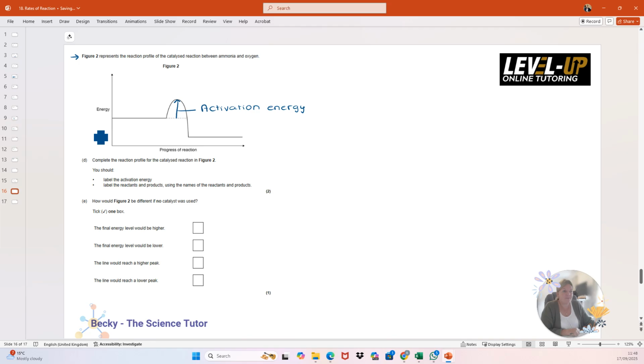Okay, so it tells us that information is there. It represents a profile of a catalyzed reaction between ammonia and oxygen. So we're actually going to write these on, ammonia and oxygen, and then we need to know what it is that is produced between those. So the same for our products.